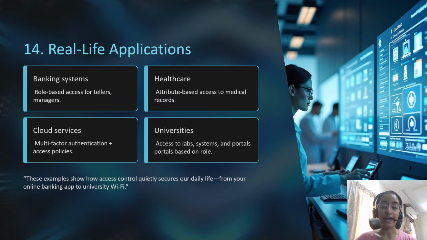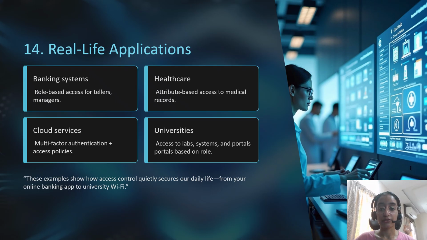Access control is everywhere in real life. In banking systems, different staff roles like tellers and managers have specific permissions. That's RBAC. In healthcare, doctors and nurses use ABAC, with access that depends on patient assignment and job roles.